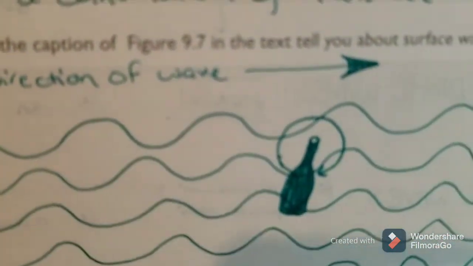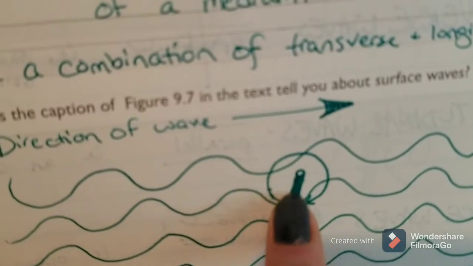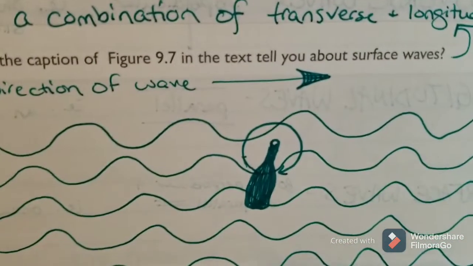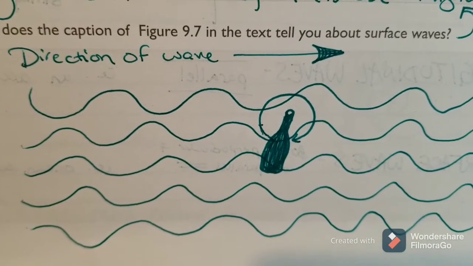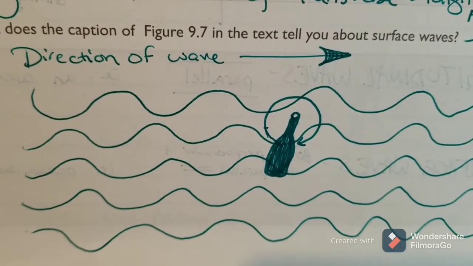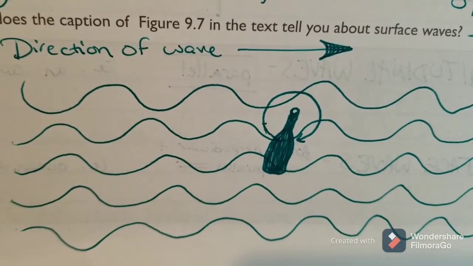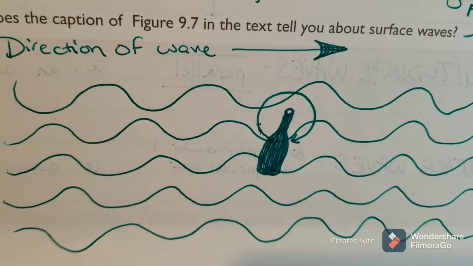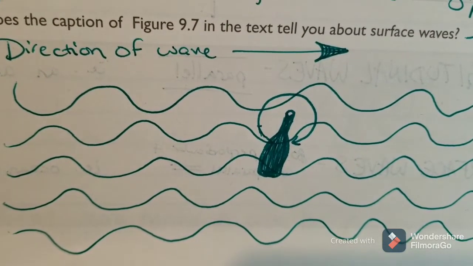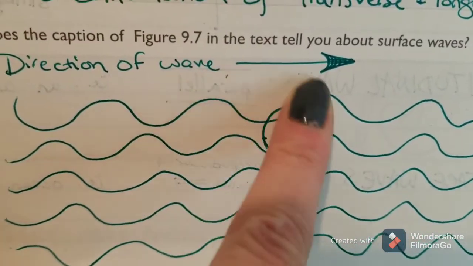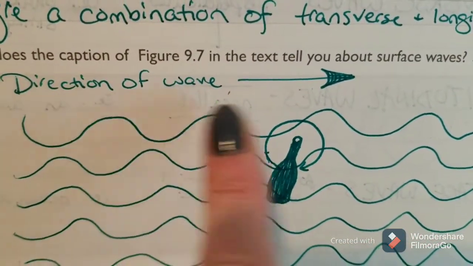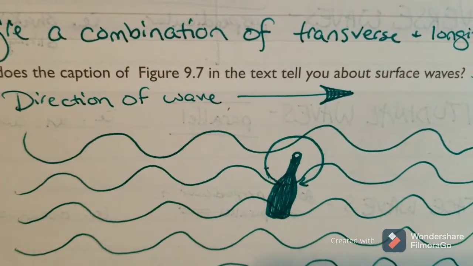So there's a circle around it to show that, because of the transverse waves and the longitudinal waves acting on it at the same time, because of the random waves going on around it, it ends up going in a circle-like motion, and it doesn't end up moving. It doesn't actually go anywhere.